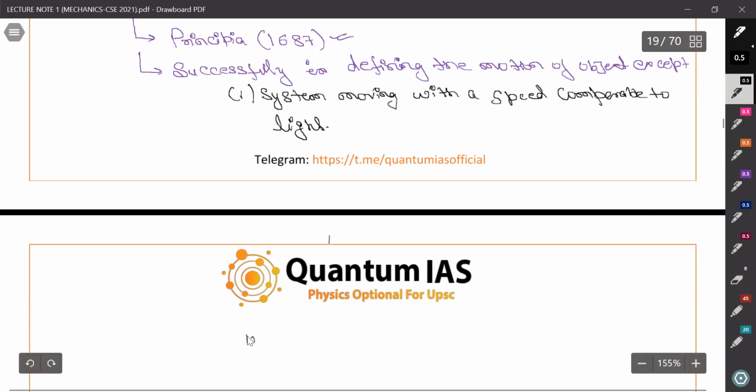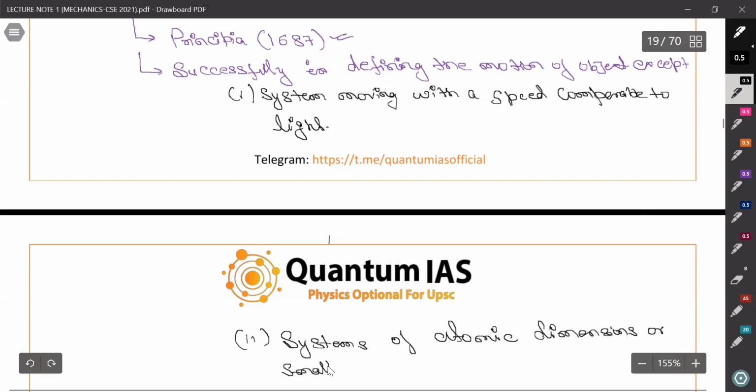Also, second is the systems of atomic dimensions or smaller. Electron, also sometimes photon, proton, right? Where quantum effects are significant.